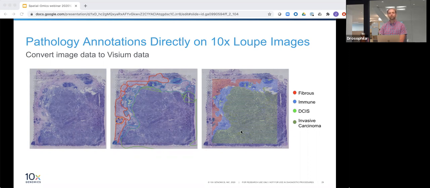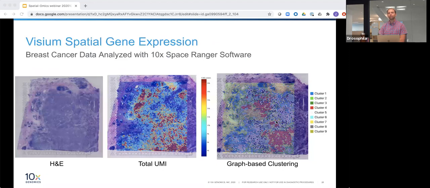And what's pretty cool, and what I really like looking at when I see this is, okay, cool. So you have the pathologist annotation, and that tells you this whole area is one thing. It's an invasive carcinoma. But if you go back a slide, you can see it's not one thing. It's very unique because there's different clusters. So there's cluster 5, cluster 1, all these different things within this one region that's been annotated simply as cancer.